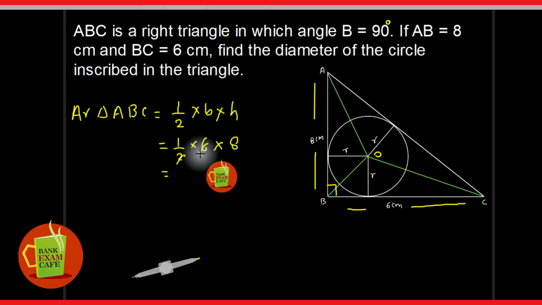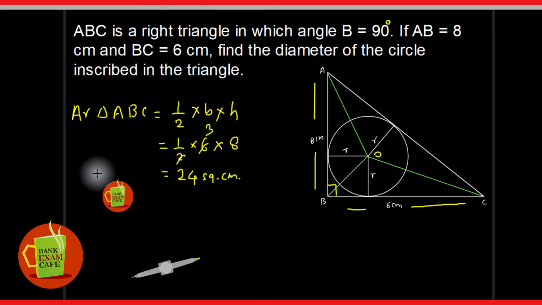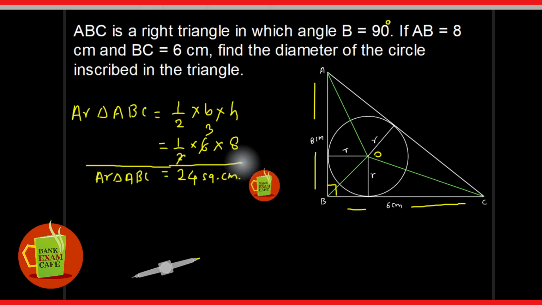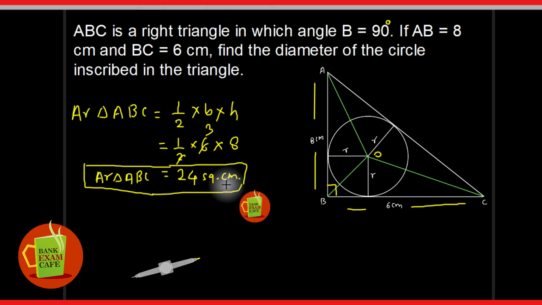That is 2 ones are 2, 2 threes are 6, and 8 threes are 24, and therefore the area of triangle ABC is equal to 24 square centimeter. Highlight this because this is the first important step that you have solved.